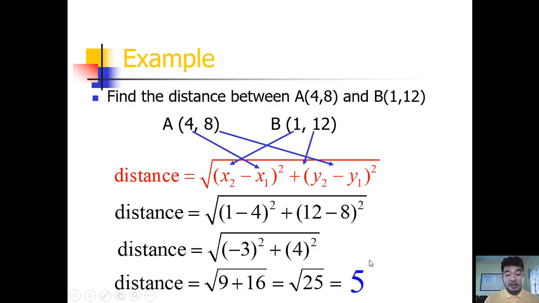And the square root of 25 is plus or minus 5. But we take positive 5 because we are looking for the distance, and the distance is always positive. Okay? So ang sagot natin dito ngayon, the distance of these 2 points is 5. So, ang distansya ng dalawa, 5 units.